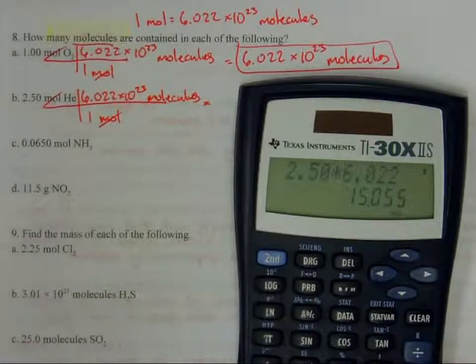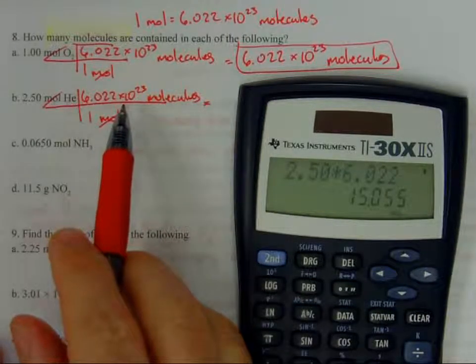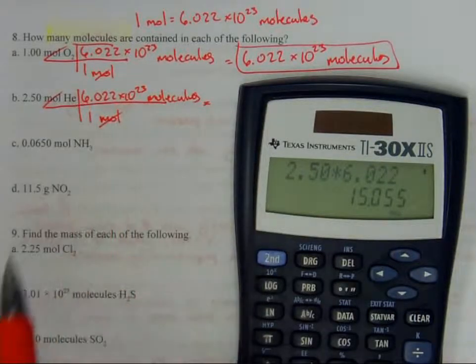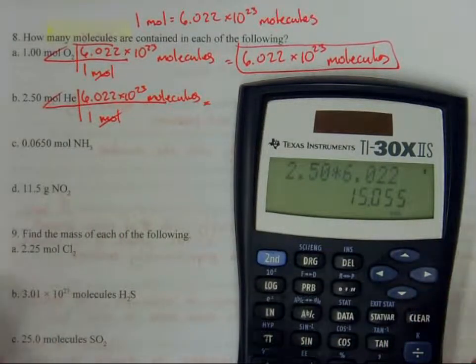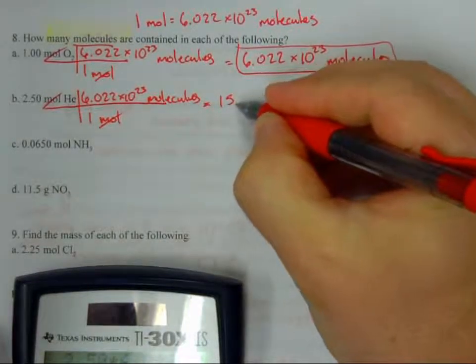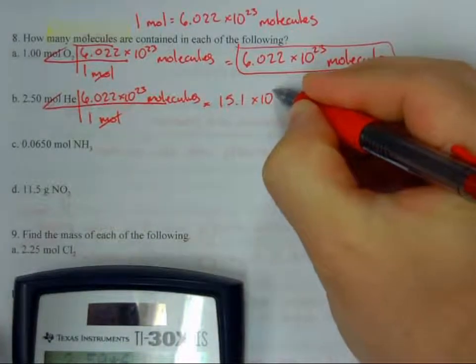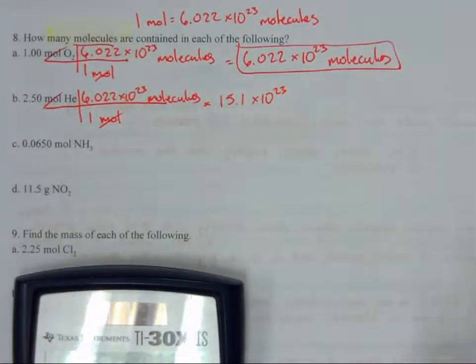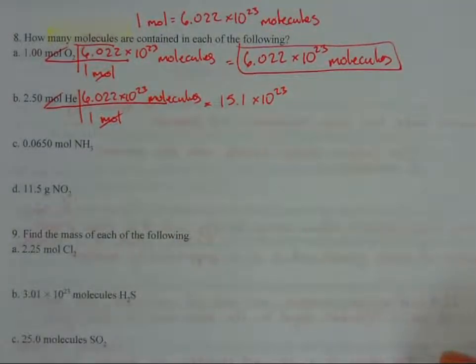15.1. Now, what do I do with this times 10 to the 23rd? Well, it's 15.1 times 10 to the 23rd. But that's not in scientific notation. Okay? This value is a completely legitimate value. It's simply not in proper scientific notation.